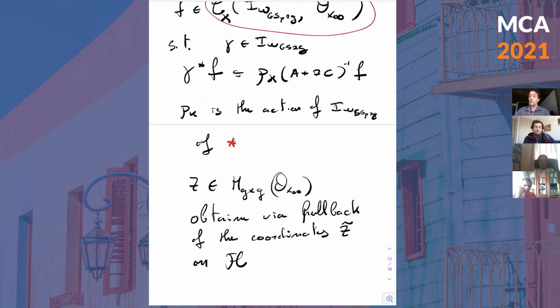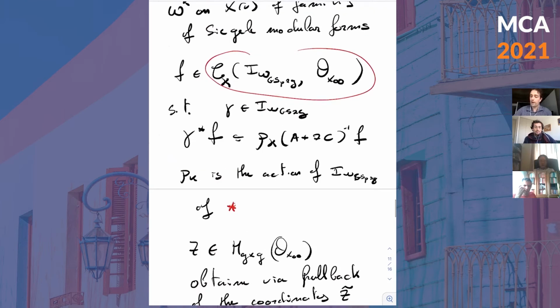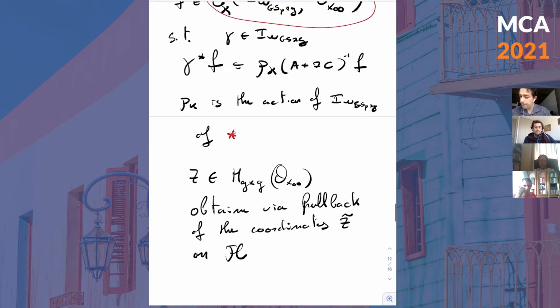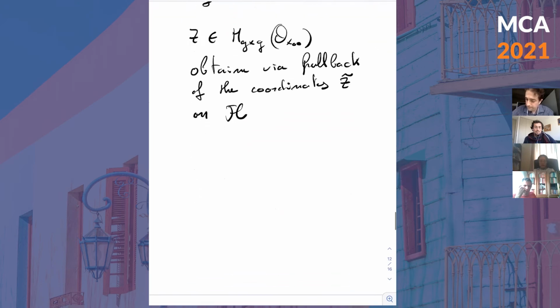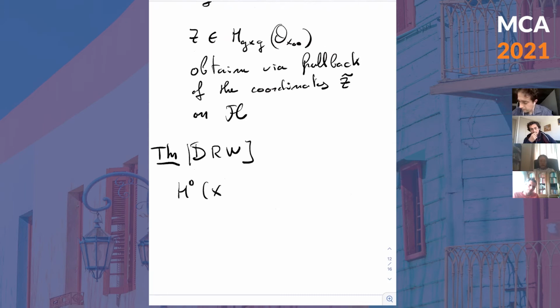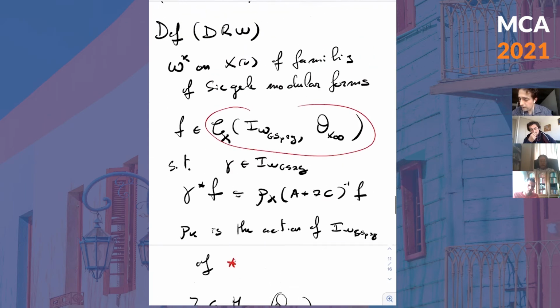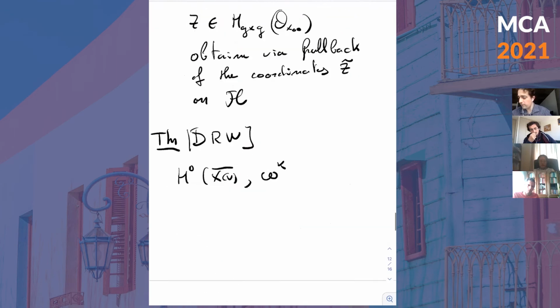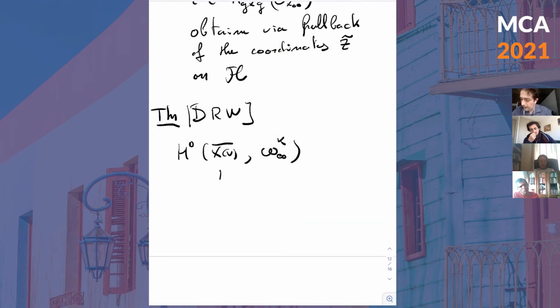And then I just want to consider functions in this big induction that transform like this. And the first theorem, which is due to us, is that H0 of X_V, omega kappa, let's call it omega kappa infinity because it's constructed with perfectoid methods, is exactly the same as H0 of X-bar infinity, omega kappa equivariant.